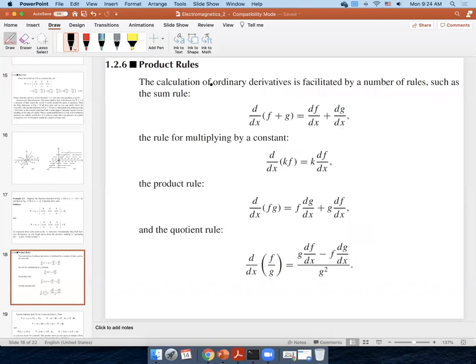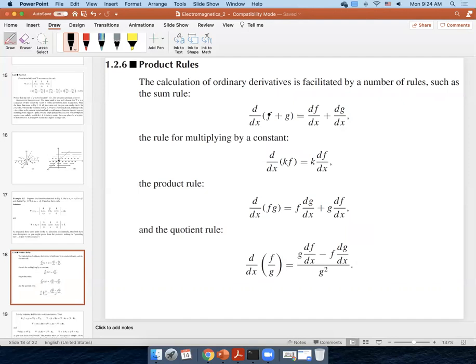The calculation of ordinary derivatives could be explained in the slides. So for example, you have the sum rule of the ordinary derivative.